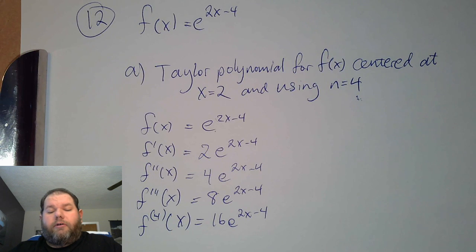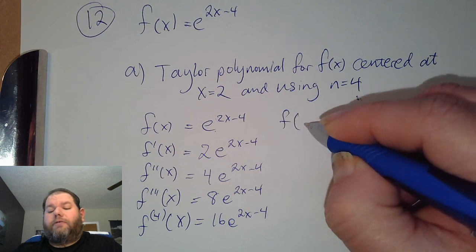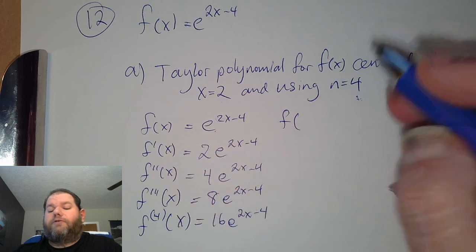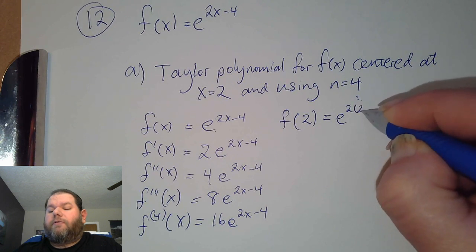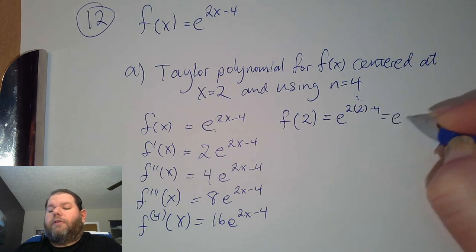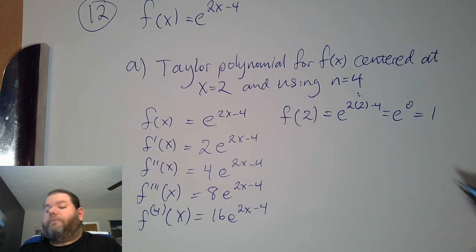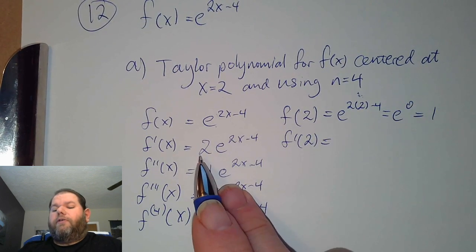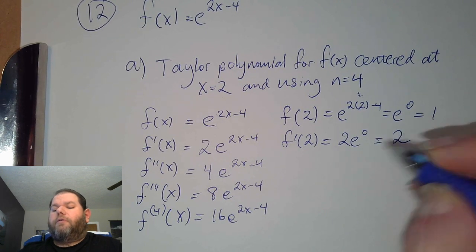So that's our 5 functions we have to look at, and what we want to do is plug in the center, in this case x equals 2, to each of these 5 functions. So f of 2 will be e to the 2 times 2 minus 4. That's just e to the 0, so 1. F prime of 2, we're going to get 2 e to the 0. So that's 2.